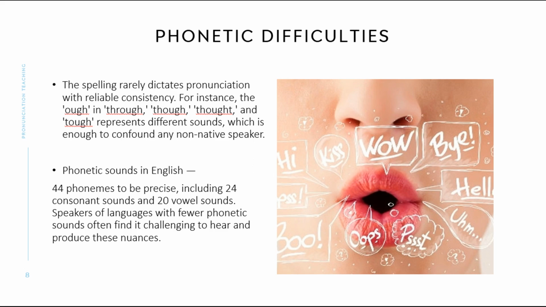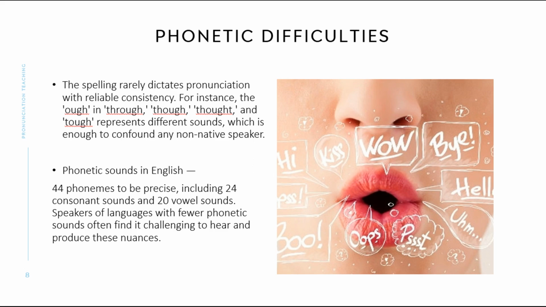Phonetic difficulties. The spelling rarely dictates pronunciation with reliable consistency. For instance, the O in through, though, thought, and tough represents different sounds, which is enough to confound any non-native speaker.